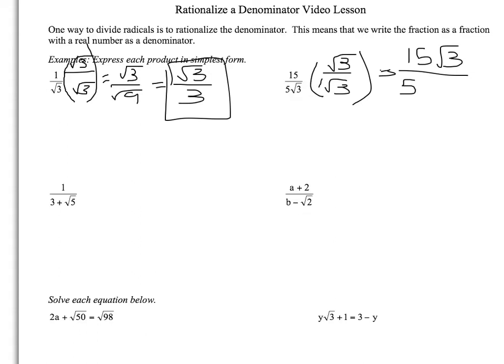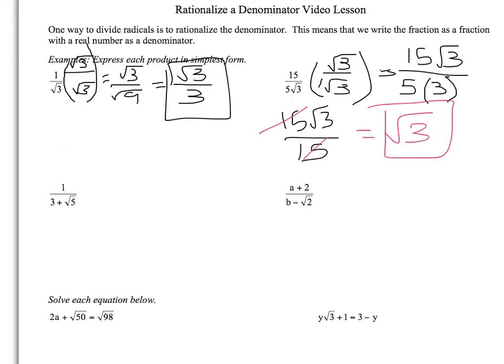Remember that 1 right there. Radical 3 times radical 3, remember a radical times itself is just the piece under the radical. So it's just a 3. So I get 15 radical 3 over 15. 15's cancel, and you're left with just a radical 3 as a final answer there.